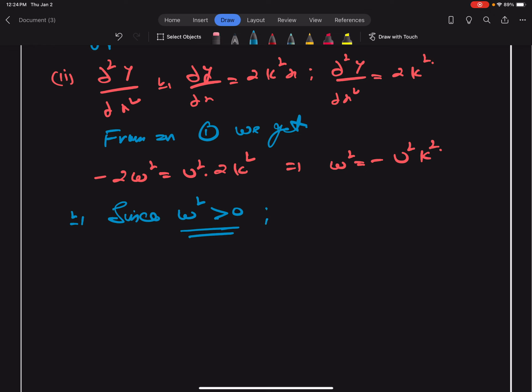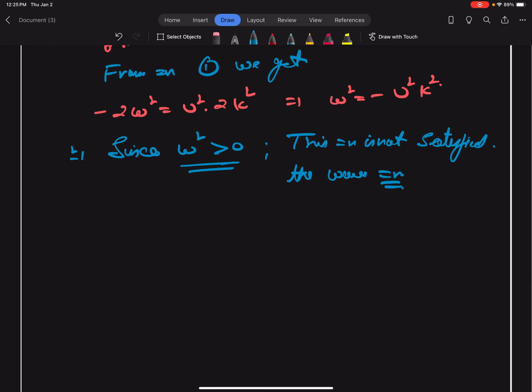Therefore, this equation is not satisfying the wave equation.